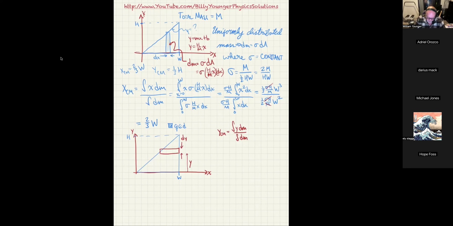And the y varies no more than y to y plus dy. So that means this differential mass element is acceptable. So this is dm, and it's going to equal sigma times dA. Now we can see the height is dy, so that part's easy enough. But what I've got to figure out is what is the width.